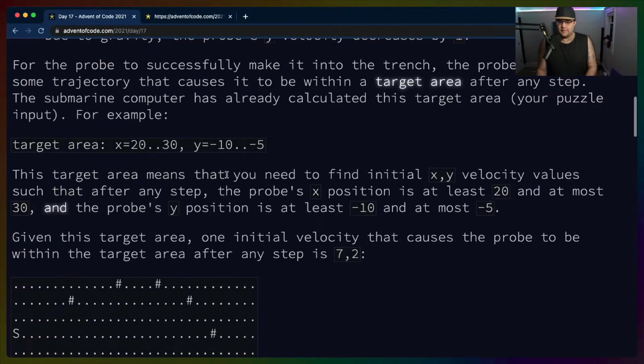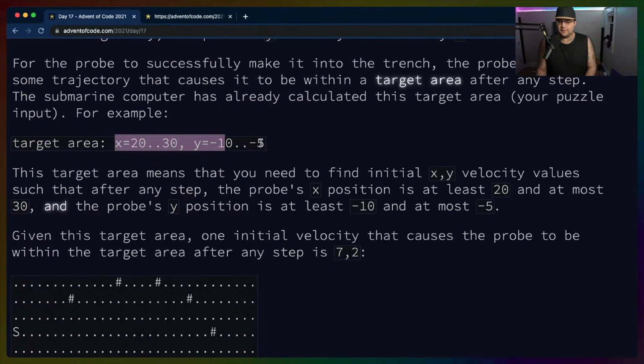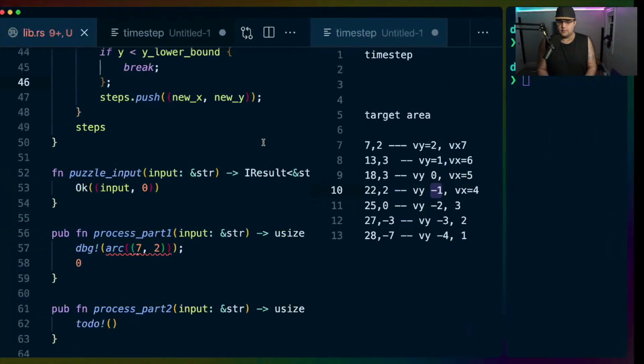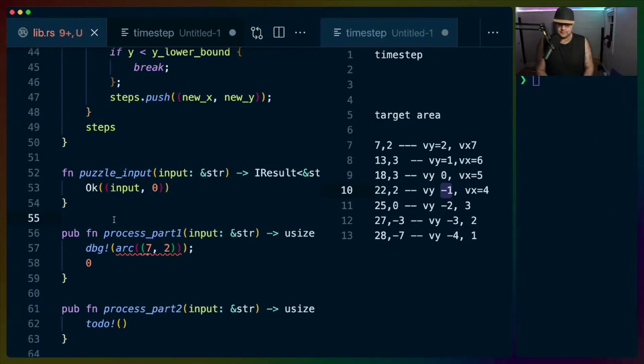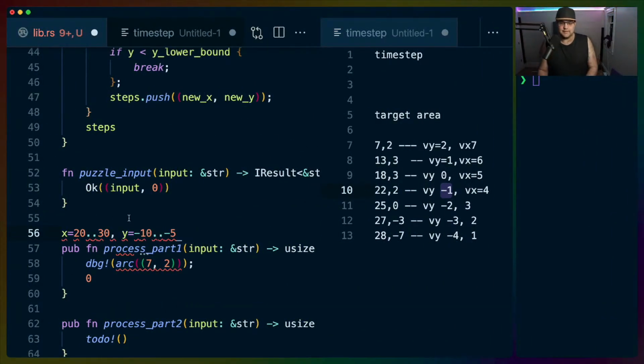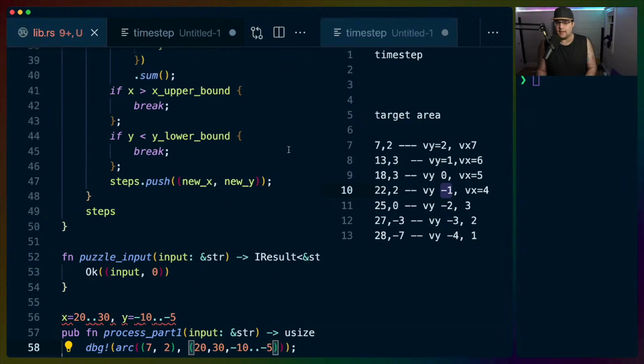And the 7, 2 is this target area. I guess, is this our input? Do we use these? I guess not. I did low to high, right?